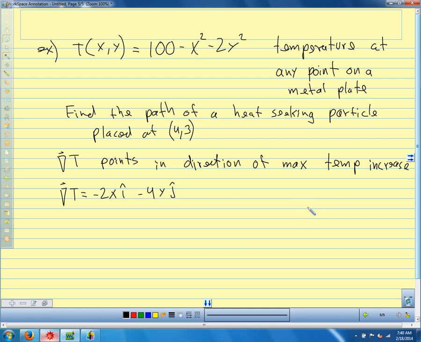This is going to point in the direction of the maximum temperature increase. Well, let's say that our particle is traveling on some random path, r of t. And we're going to say this is some function x of t i plus y of t j.